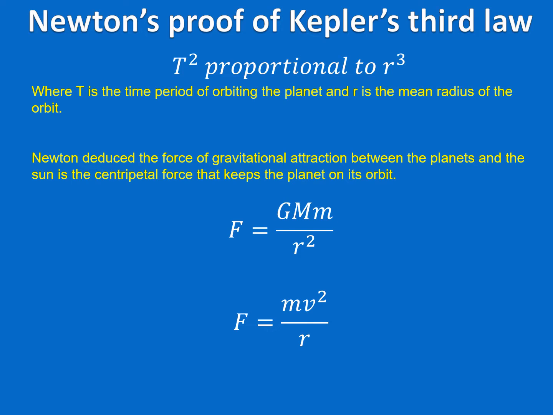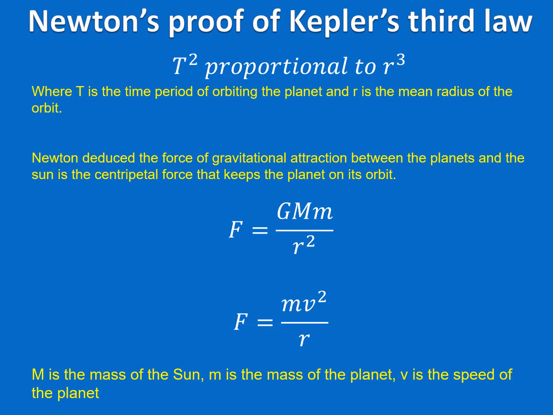That is shown to be equal to the centripetal force. So you can imagine we've got this gravitational pull due to the attraction between the mass of the sun and the mass of the planet. We can equate that to the centripetal force, so linking topics together.